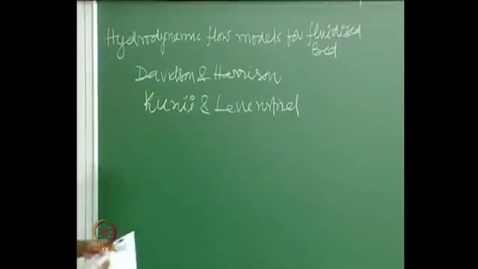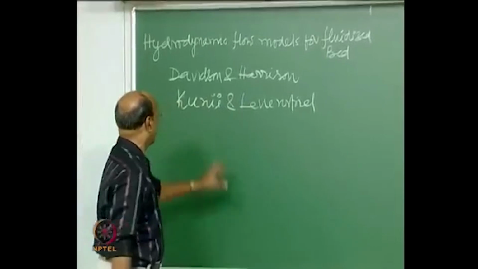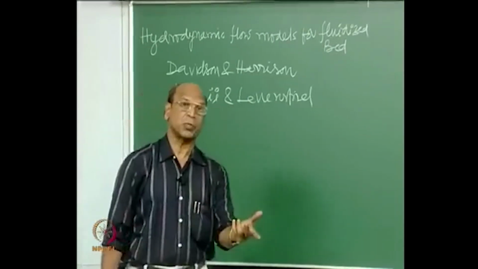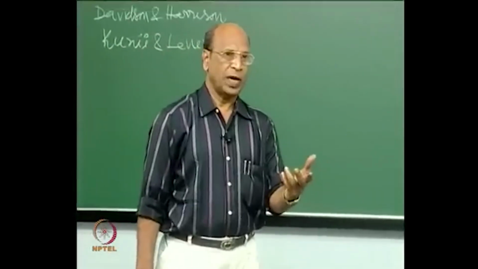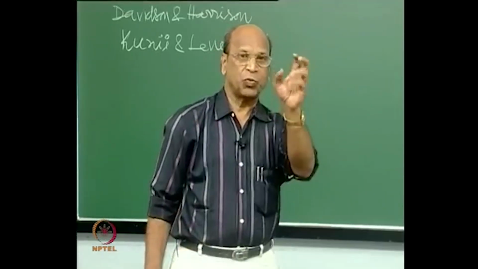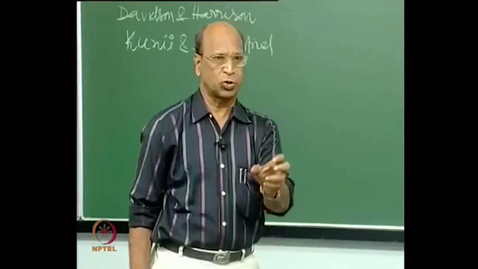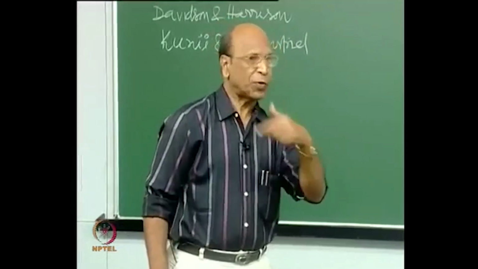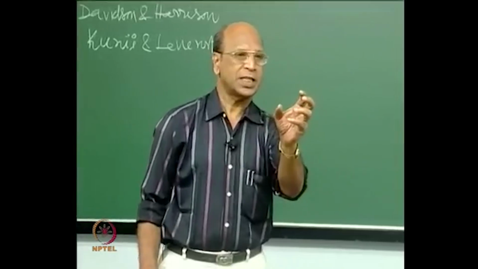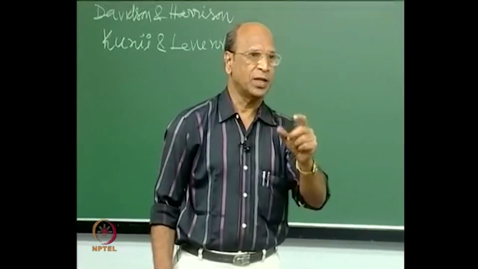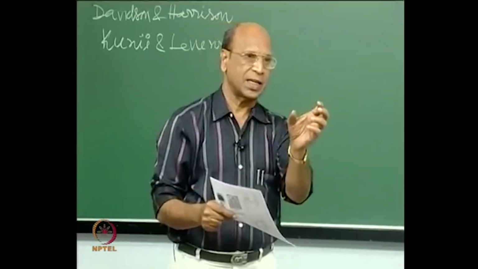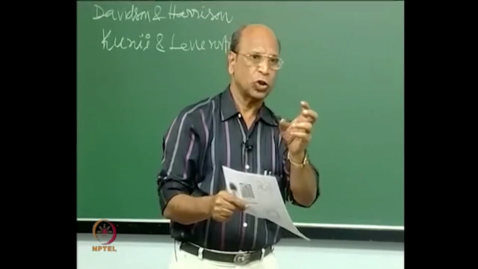This is the Davidson Harrison model, that is a two phase model, or two region model, and this Kunii Levenspiel model is a three phase or three region model, where they have taken bubble phase separately, and they have taken wakes and clouds, where definitely there is more contact, right. When compared to the emulsion, in this region there is more contact of gas with the solids, because they are moving with the entire gas. That is another region, and from there it goes to the emulsion.